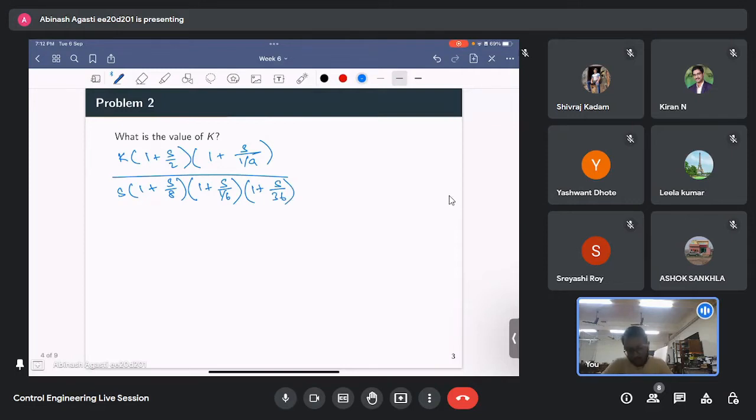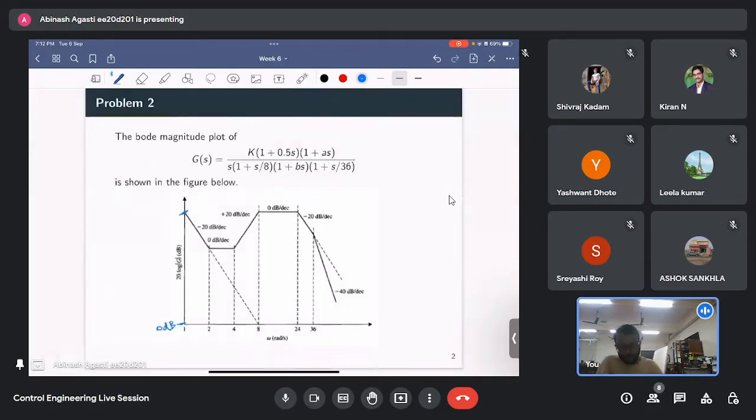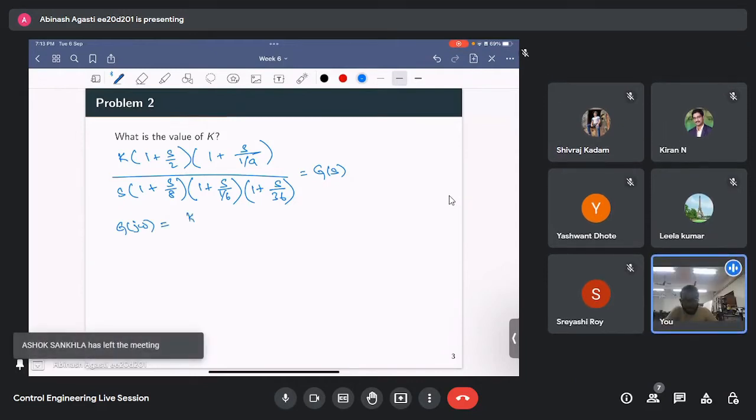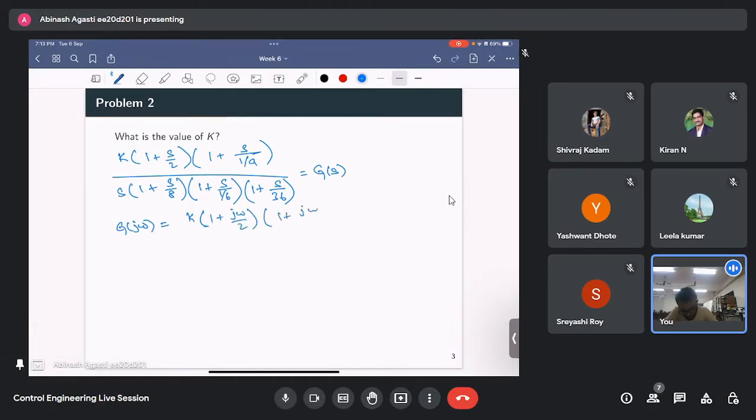This you can obtain from the given transfer function G of s. Now, since everything is in the normal form, let us first write G of j omega, that is K (1 plus j omega by 2) (1 plus j omega by 4), and so on, right?